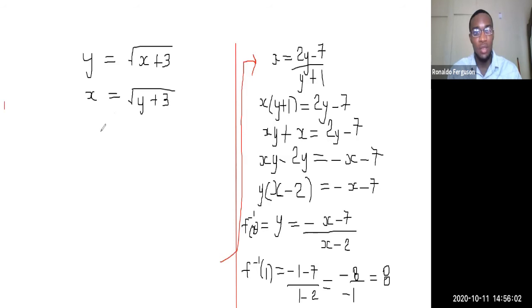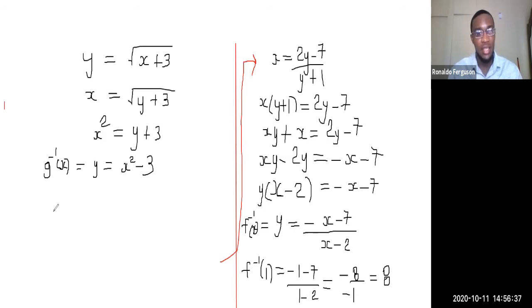So to make y the subject, we can square both sides to get x squared is equal to y plus 3. We have to square both sides. Then we can subtract 3 from both sides to get y would be x squared minus 3. After we get y, this y is now our g inverse of x. And so g inverse of x is x squared minus 3.